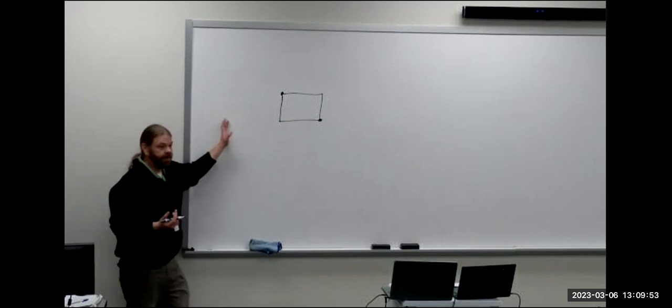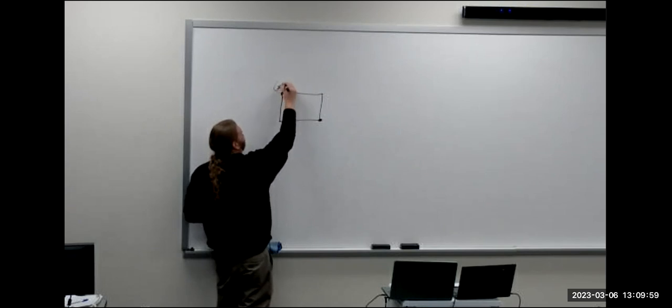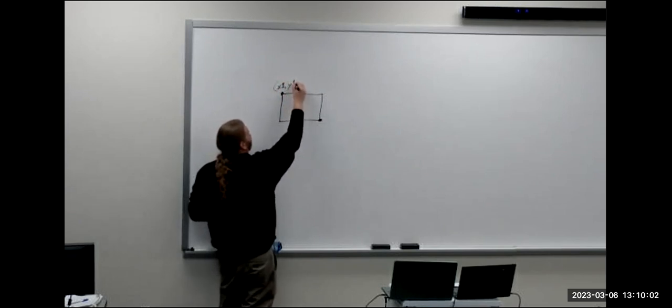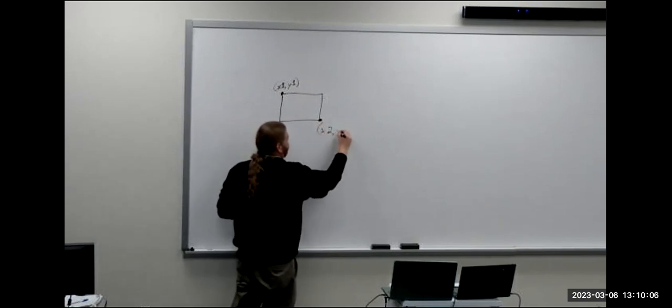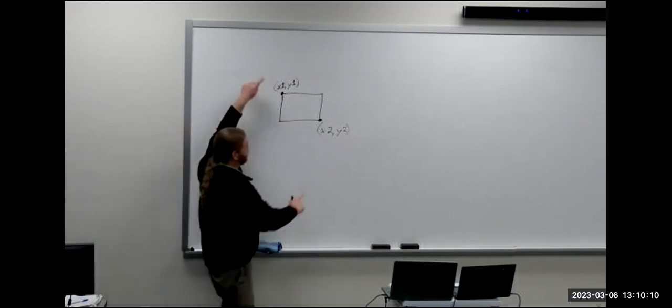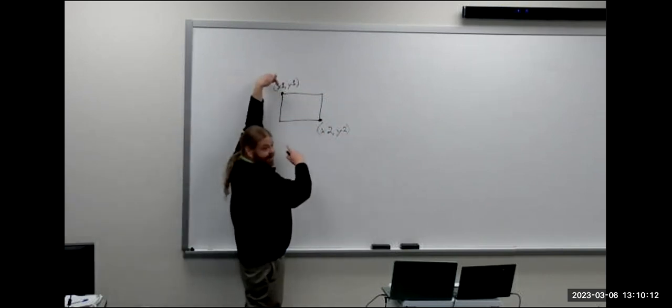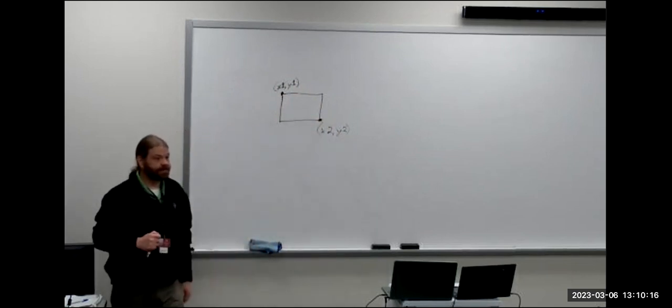Everybody's seen that before. If we know the XY coordinates of this point, I'll put X1, Y1, and we know the XY coordinates of this point, then the difference between the X's tells us how wide that square is, and the difference of the Y's tells us how tall it is. So that's all we need to define a rectangle.